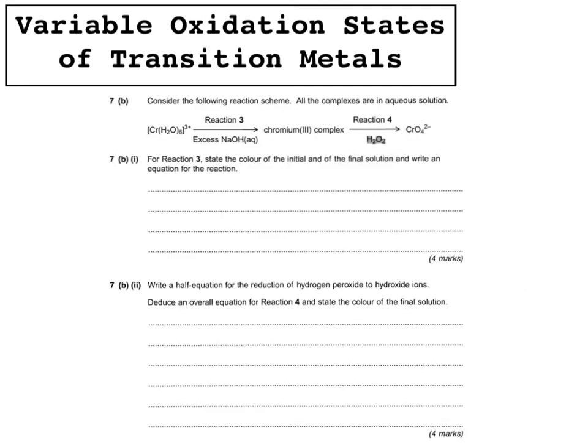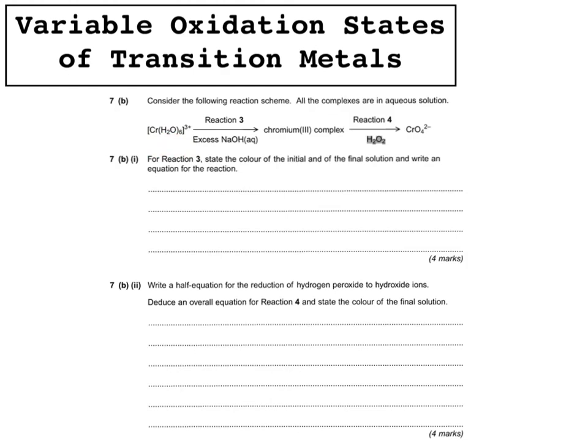And then finally, consider the following reaction scheme. All the complexes are in aqueous solution, again. For reaction 3, state the colour of the initial and of the final solution and write an equation for the reaction. So that's this one here. The beginning solution, the chromium hexaaqua complex, is ruby red. We don't need to say it's a solution because the question says so, but it won't harm.